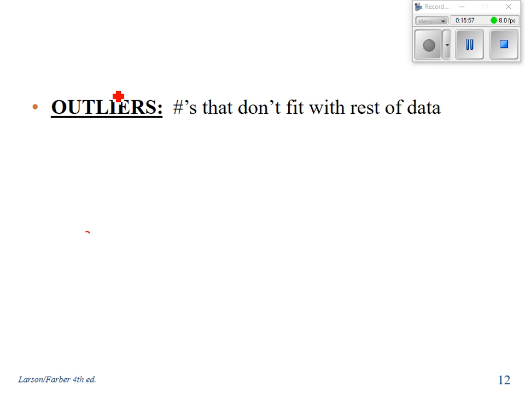Now in the past, when you had outliers, if you were doing something with a graph and they asked you to tell what the outliers were, you probably just looked at it and figured out, oh yeah, that's an outlier because it's way out there compared to everything else. There's a mathematical way to figure out what outliers are, and we're going to talk about that as the year goes along.